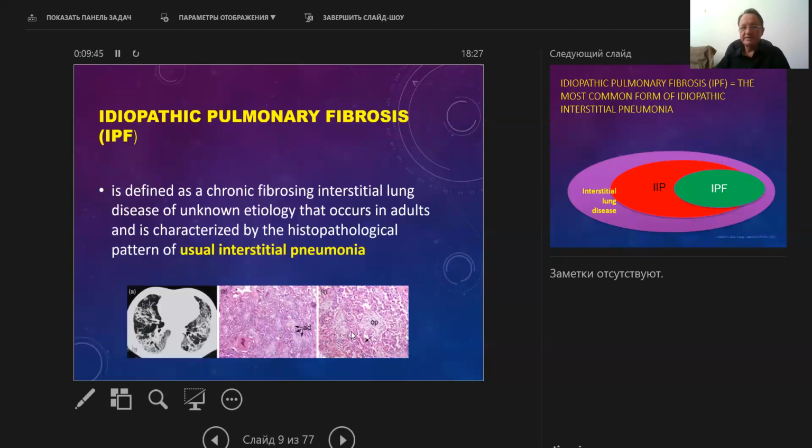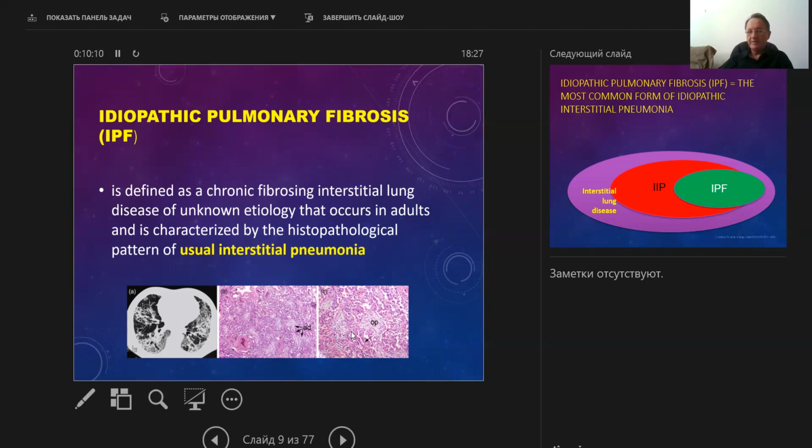So we start with idiopathic pulmonary fibrosis. It is defined as a chronic fibrosing interstitial lung disease of unknown etiology that occurs in adults and is characterized by a histopathological pattern of usual interstitial pneumonia.